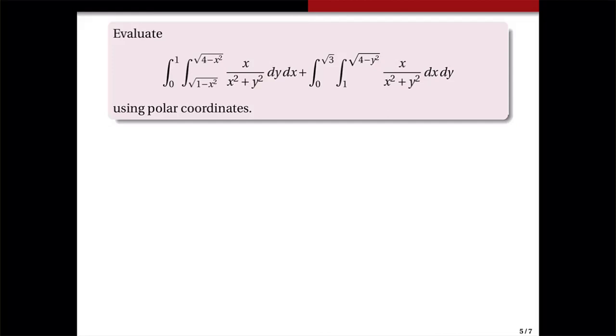But now, although they have the same integrands, look at the order of integration. The first one here, it's dy dx. The other one here, it's dx dy. So you cannot just combine them. So what we can do is to make them the same order of integration, or the same variables of integration. Okay.